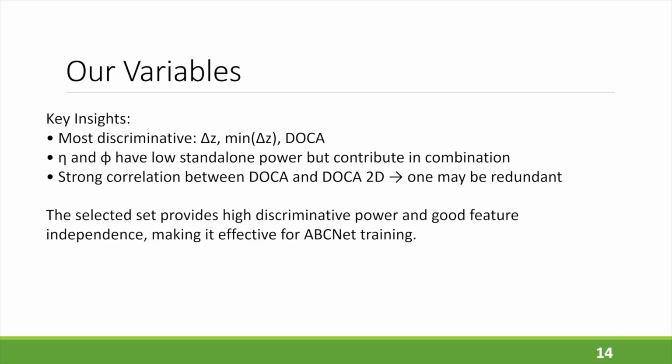So we may throw out one of them, but we keep it as is. The selected set provides high discriminative power and good feature independence, as we saw on the slide before.